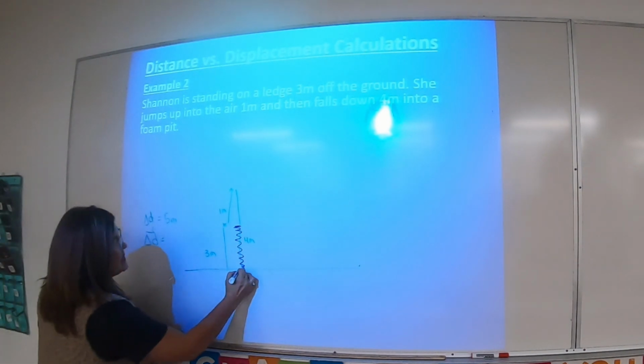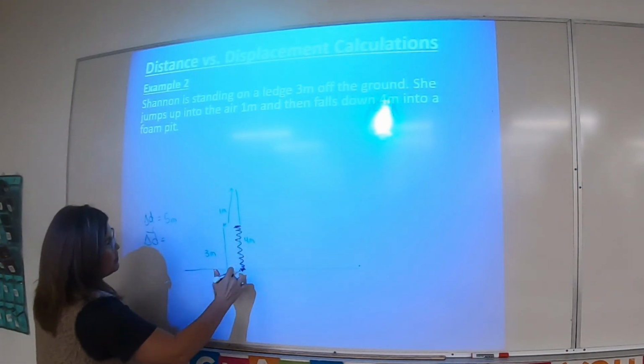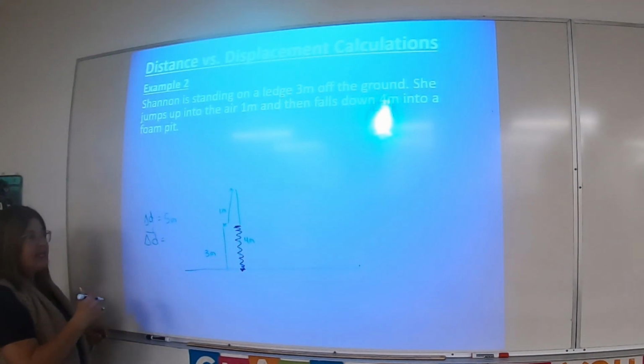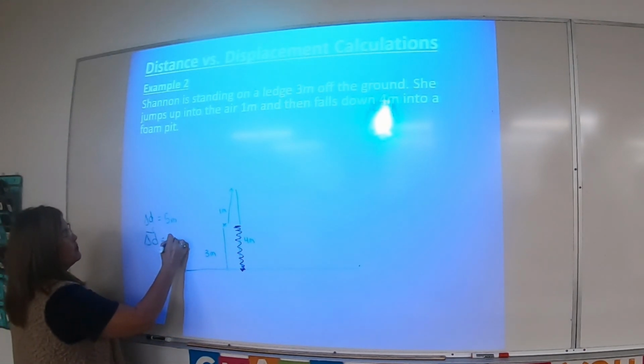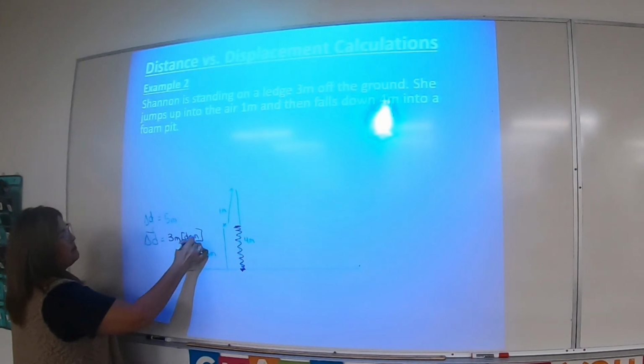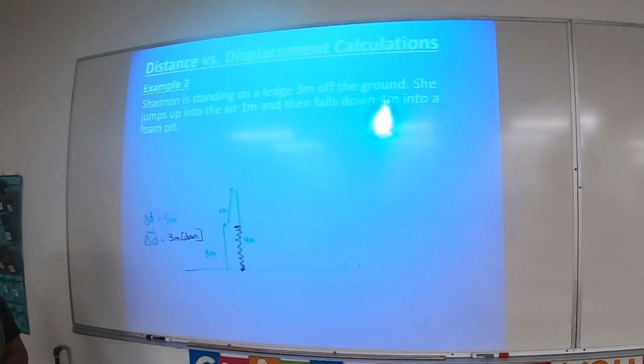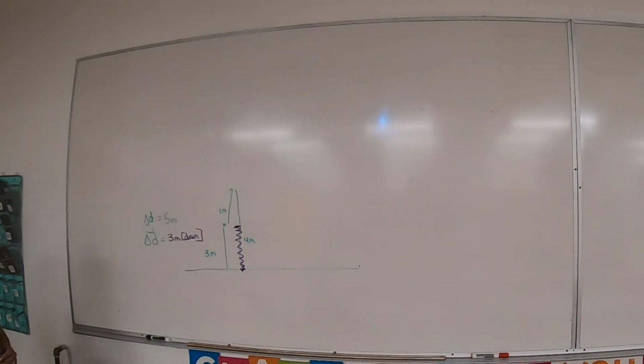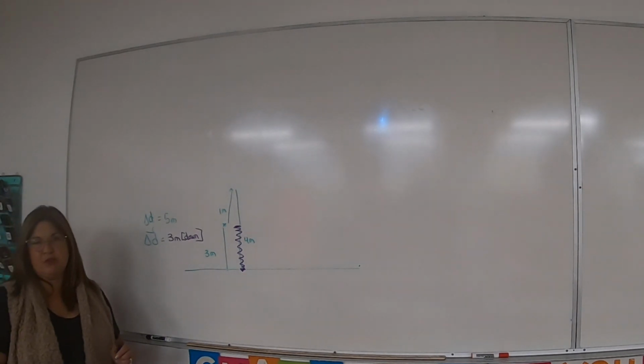And she was going down. So from the start, going down, your displacement is just going to be 3 meters down. That's distance and displacement. And that's it. So now we have some questions in your booklet.